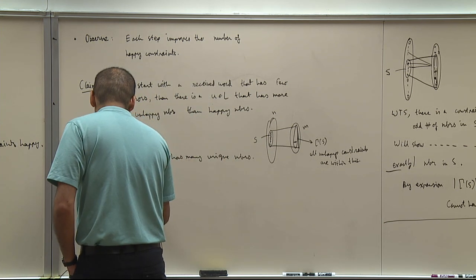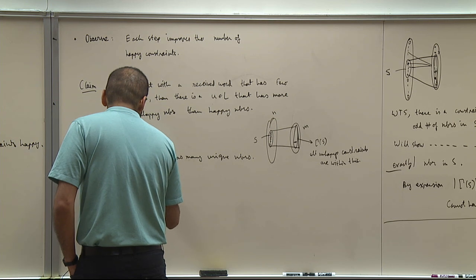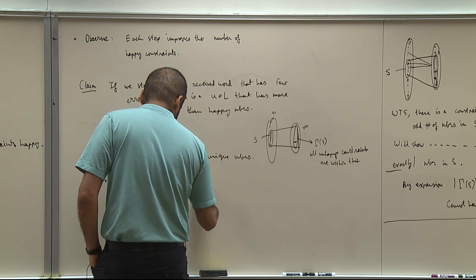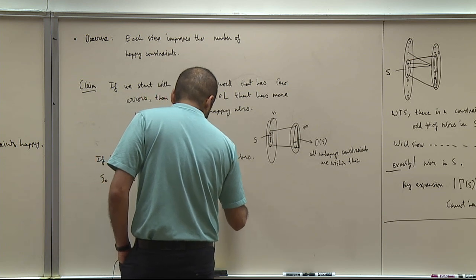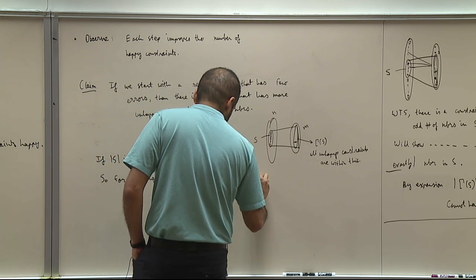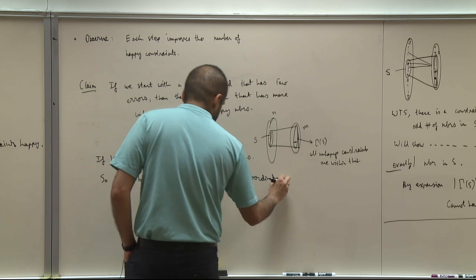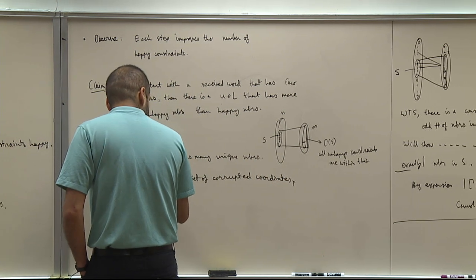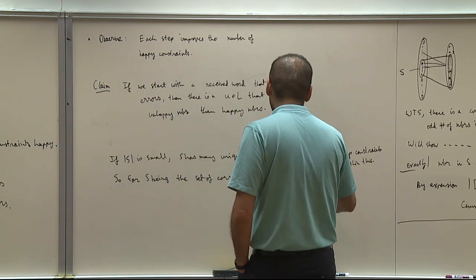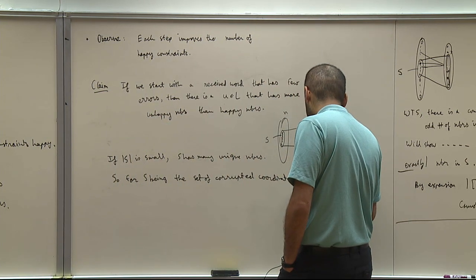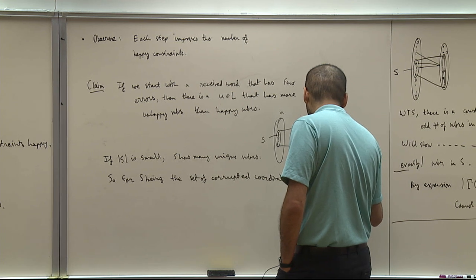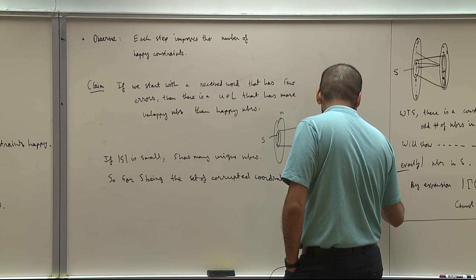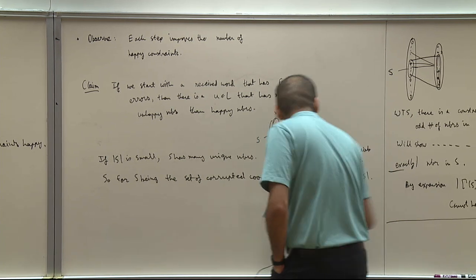So for S being the set of corruptions, the set of corrupted coordinates, which we know has size less than delta n.